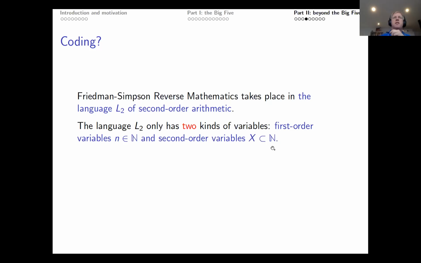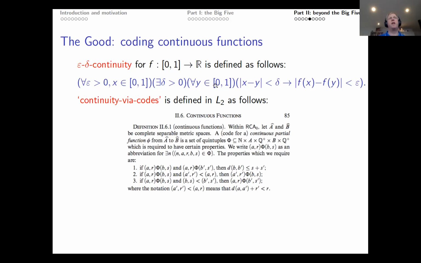So there's this definition: a code for a continuous partial function is a set of quintuples. I trust that most of you know epsilon delta continuity or have heard of it. And then we use this. So this is a definition via second order variables, via sets of natural numbers.